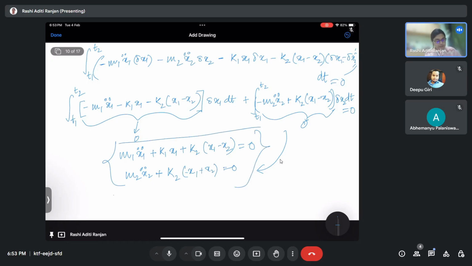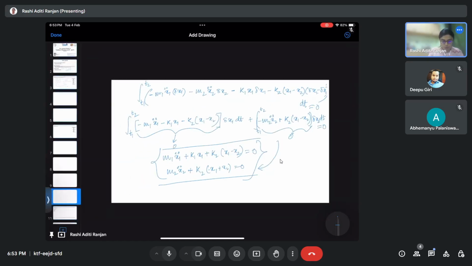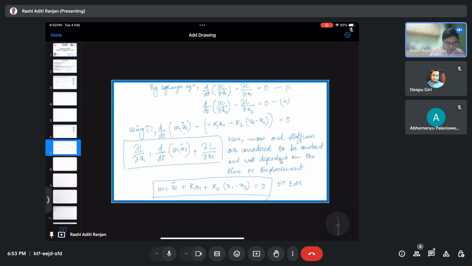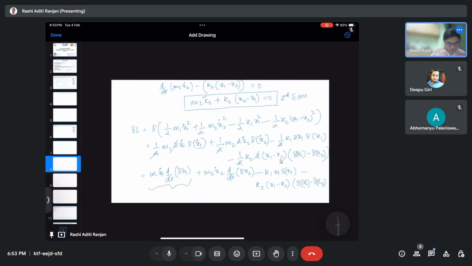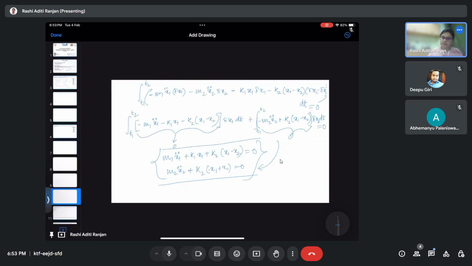If you compare this with what we got with the Lagrange equation, you'll see this and this are exactly the same. The second equation, this, is also exactly the same.